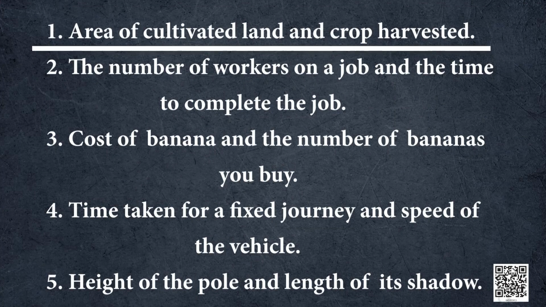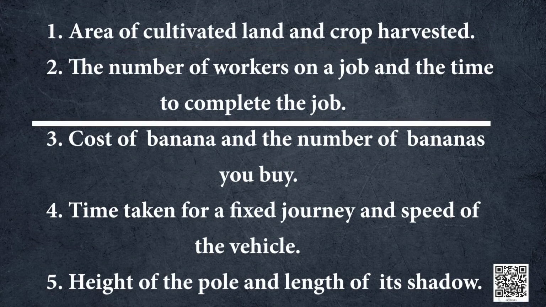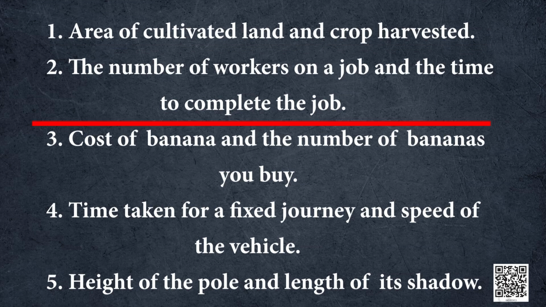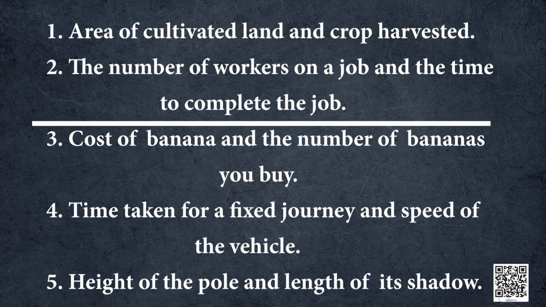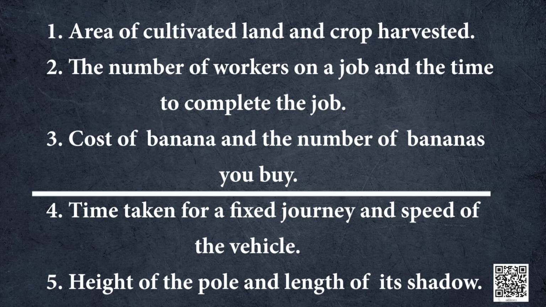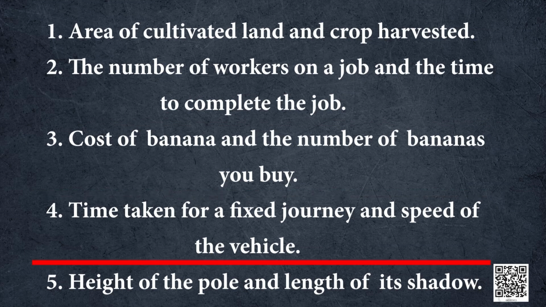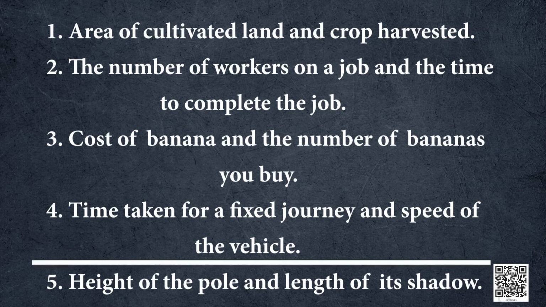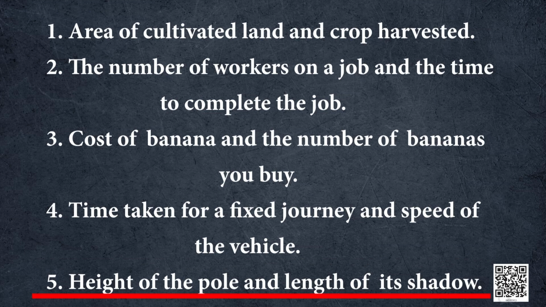Now, can you tell me which of the following are in direct proportion? Area of cultivated land and crop harvested, the number of workers on a job and the time taken to complete the job, cost of one banana and the number of bananas you buy, time taken for a fixed journey and speed of the vehicle, height of the pole and the length of its shadow.